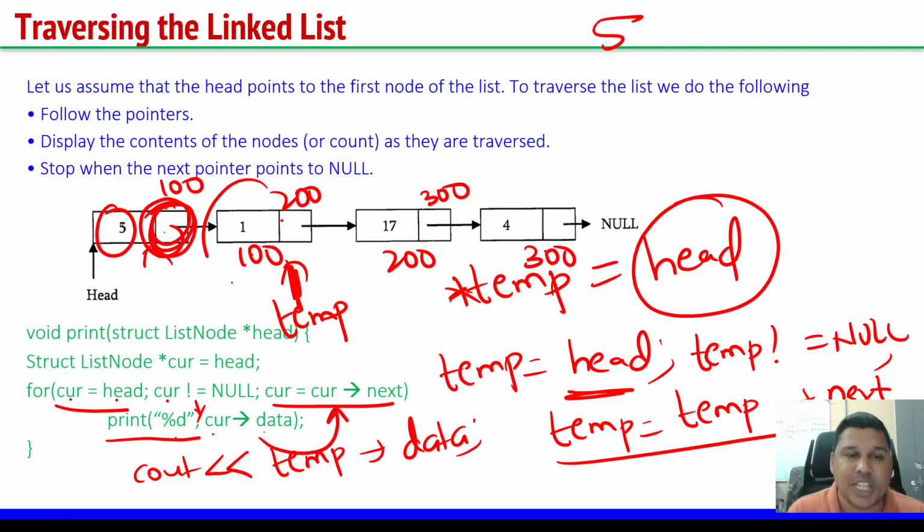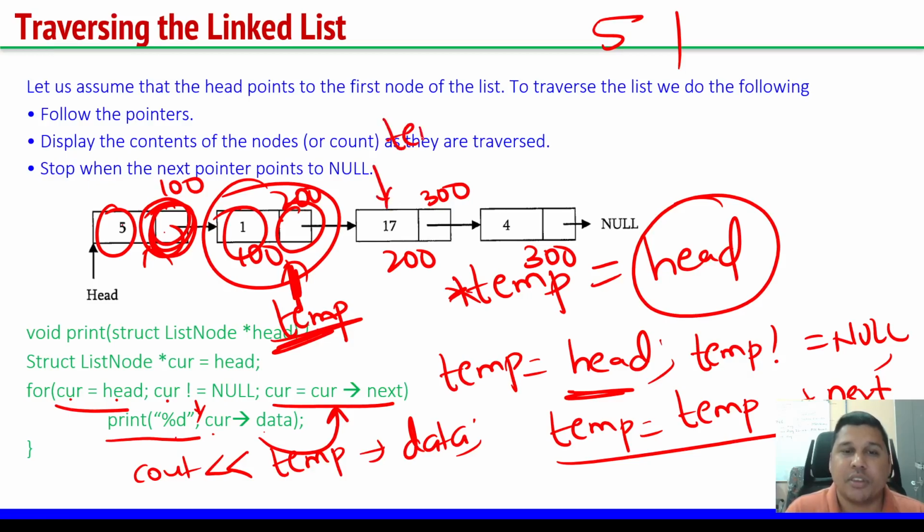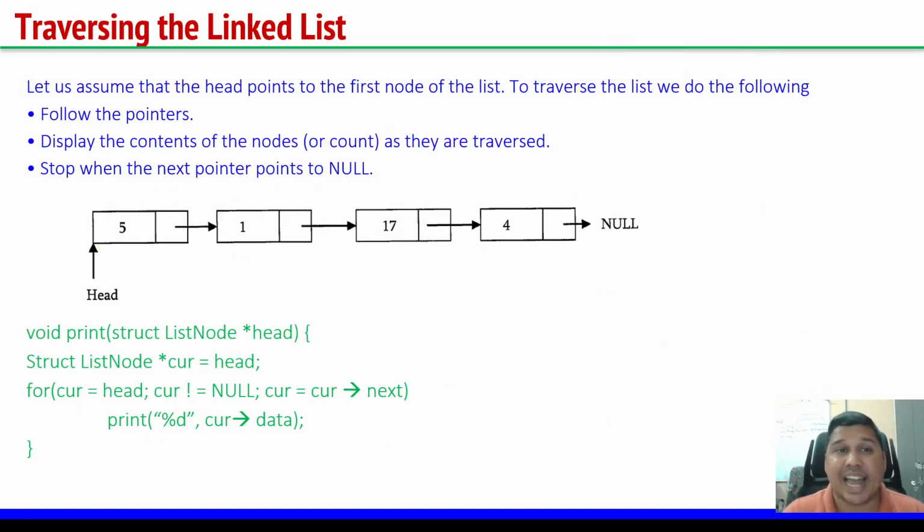So temp is pointing here now. Check, is this null? No. Print its data, that is 1. Again move, temp equal to temp next. So this becomes your temp. Here, is it null? No. Print its data, that is 17. Like this it will repeat. So this is the process of traversing or iterating the linked list.